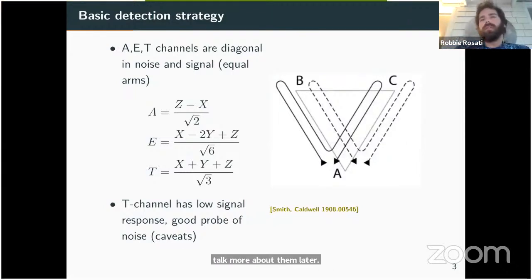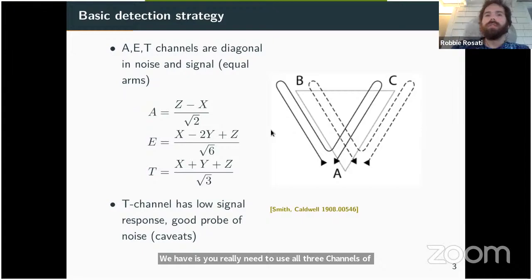But the basic detection strategy we have is you really need to use all 3 channels of LISA in order to distinguish signal and noise by their correlations.